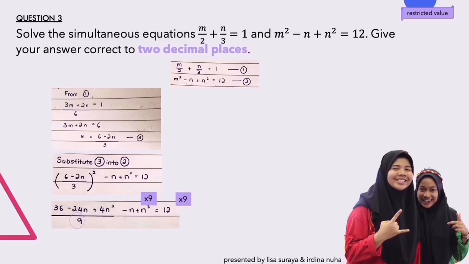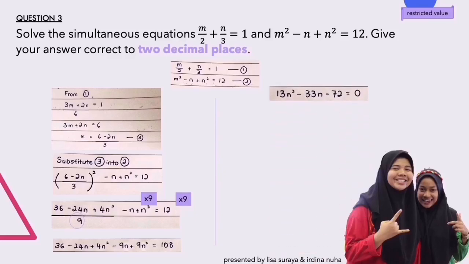After that's done, we'll get 36 minus 24n plus 4n squared minus 9n plus 9n squared equal to 108. Now I'm sure you know what to do next. Just convert the equation into general form and you'll get 13n squared minus 33n minus 72 equal to 0.